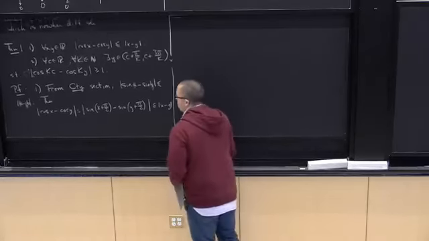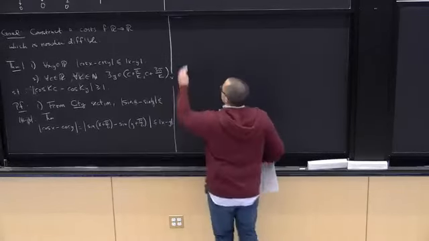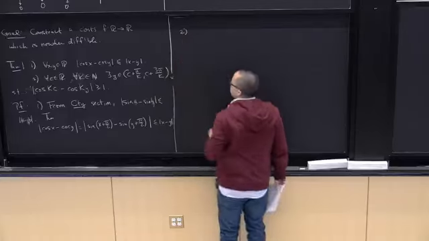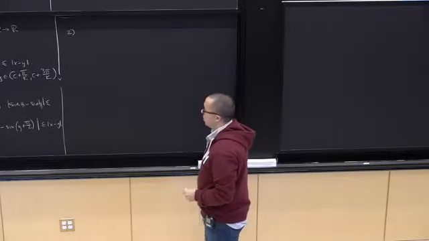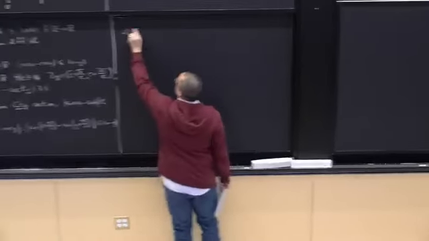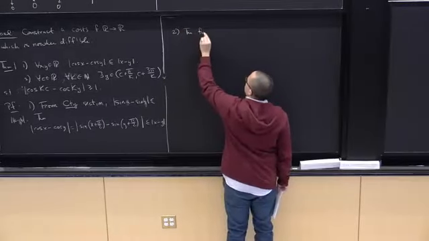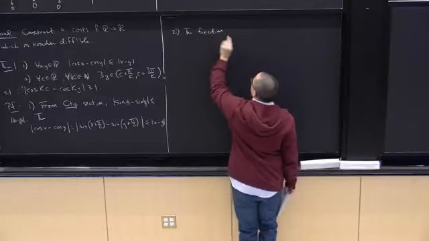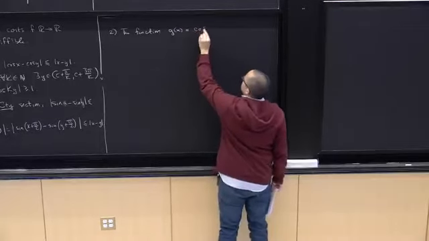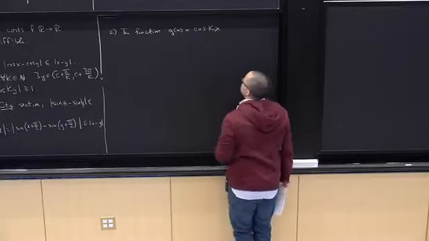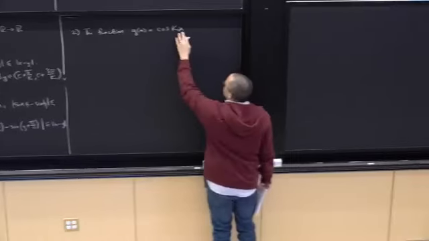For number 2, it's just a simple fact about cosine being 2 pi periodic. So the function g of x equals cosine kx. This is also periodic, but now what's the period?